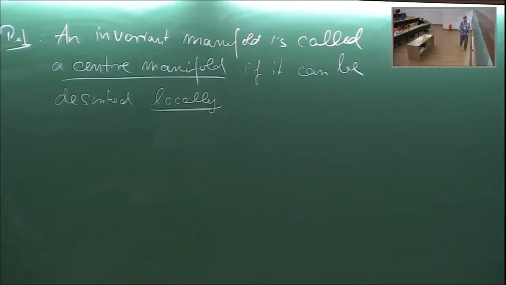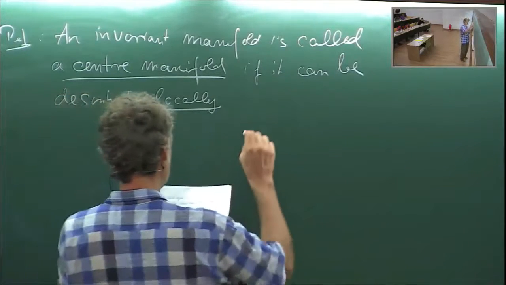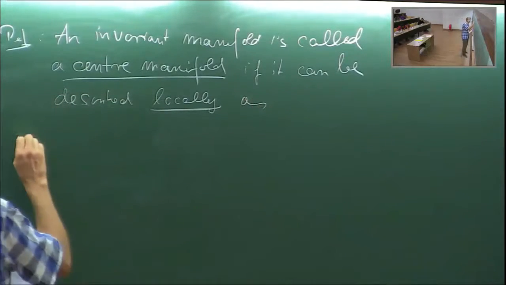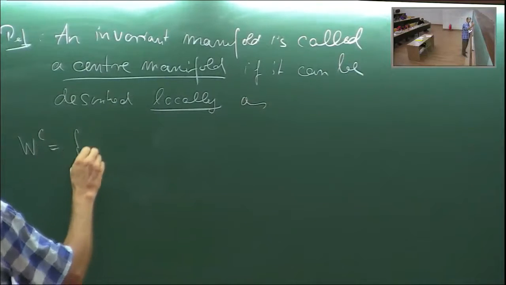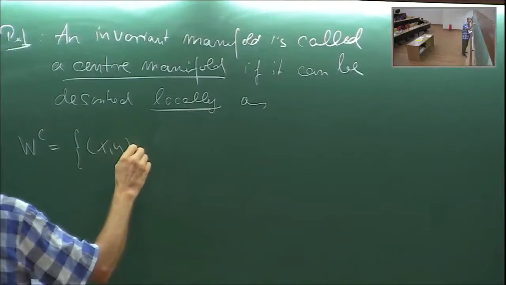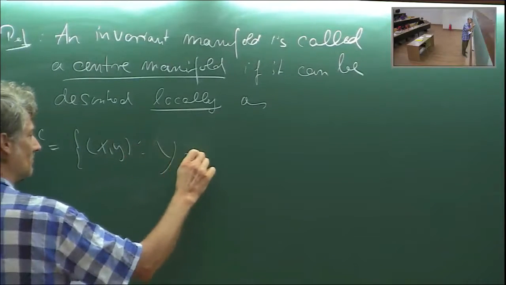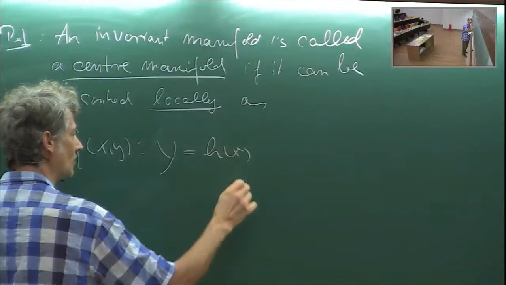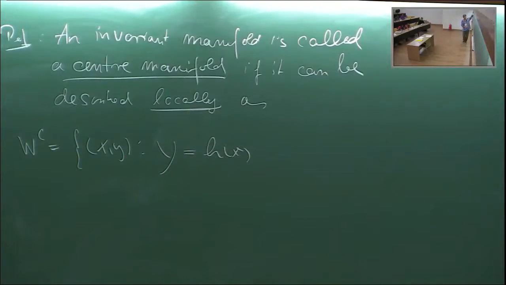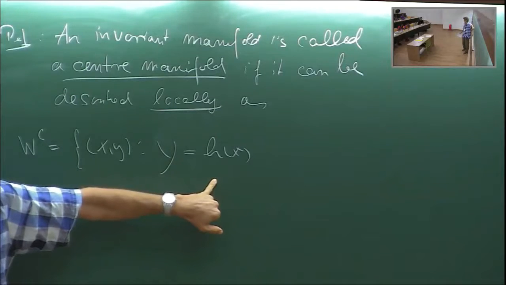Okay? So if it can be described locally as a graph, so that says we can write y is some h of x. So this blue curve here is a graph. If we know x, we know the value here. Okay? So we can now express y as h of x.